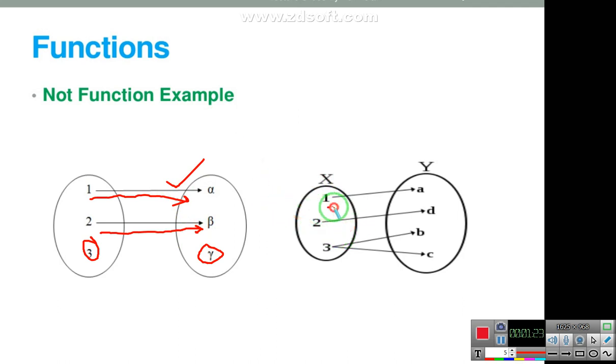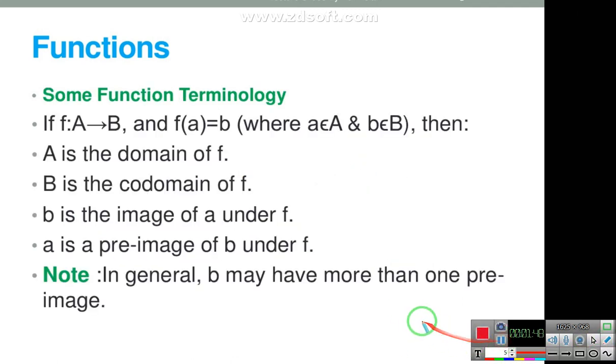In another one, 1 for A is unique, 2 for D is unique, but 3 is not unique now. 3 is also assigned to B, and 3 is also assigned to C. So it's not a function, because in the definition we say that every number will be unique for another number. So keep in mind that. So this is not a function example.